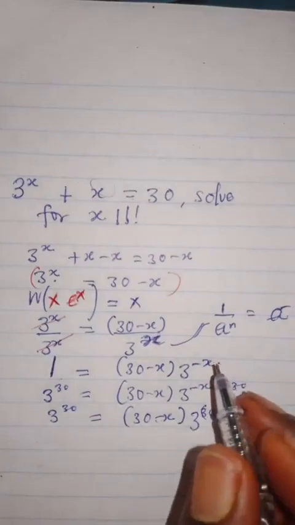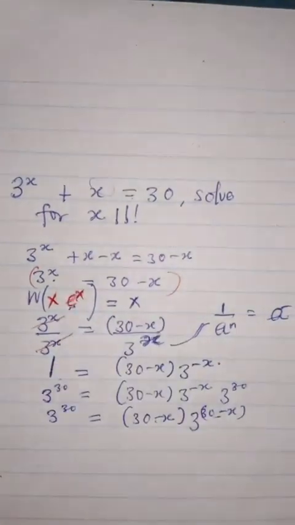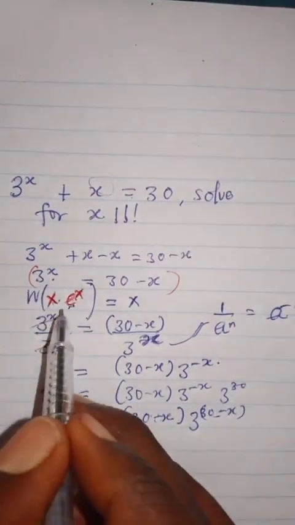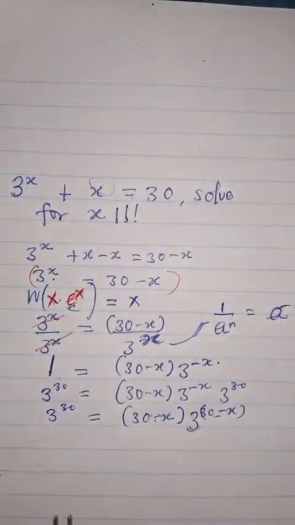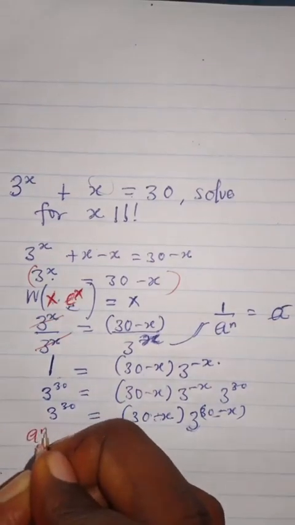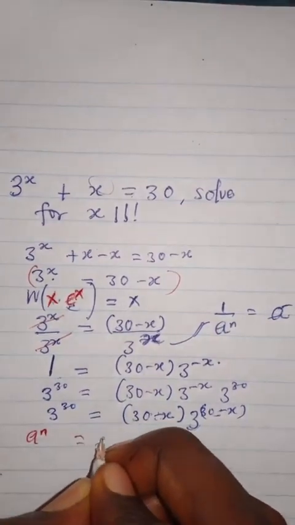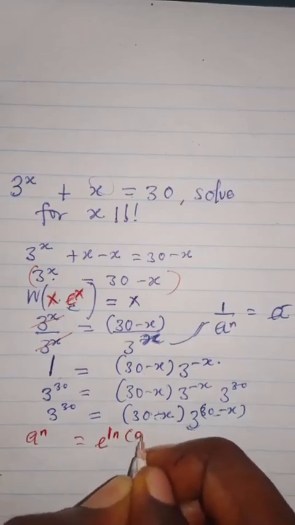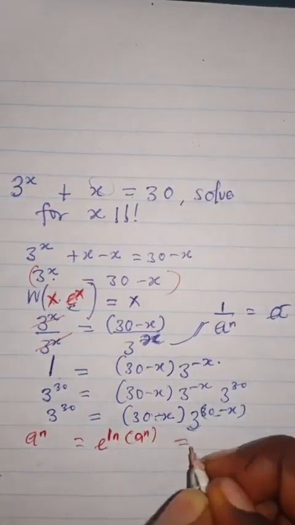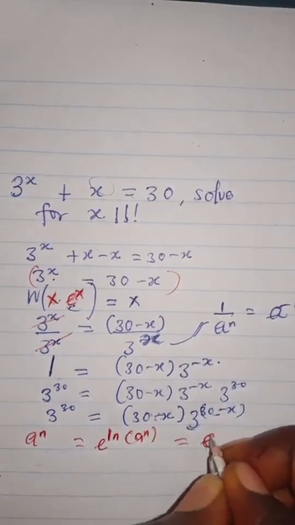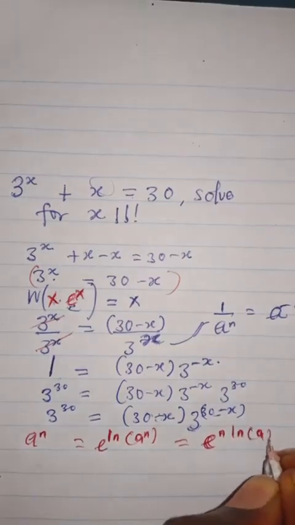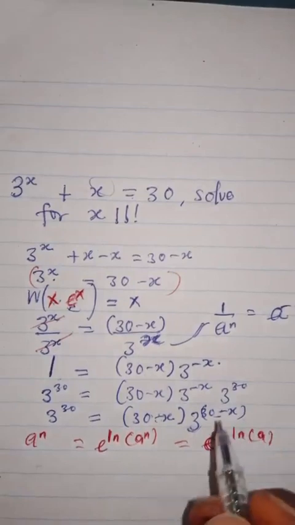So now what can we do to have e? You can see what remains here is this e, but here is 3. What can we do? Now we know that a raised to the power of n is equal to e raised to the power of natural log of a raised to the power of n, which will be equal to e raised to the power of n natural log of a. Okay, so we can use that in this particular question.